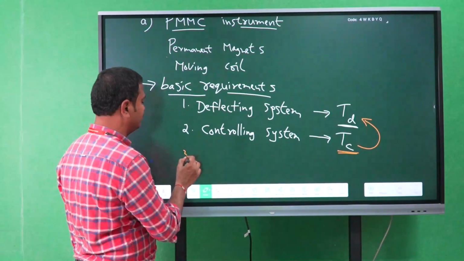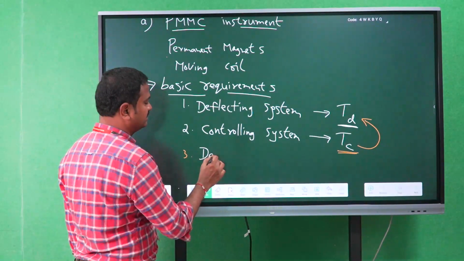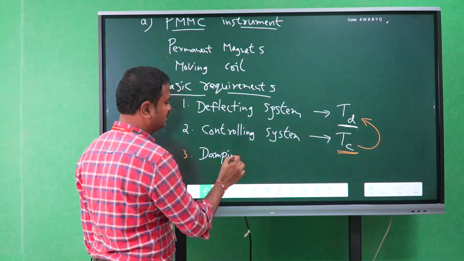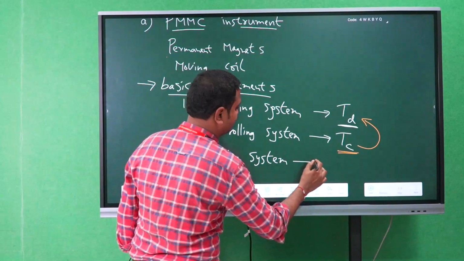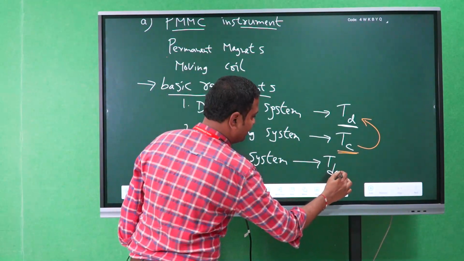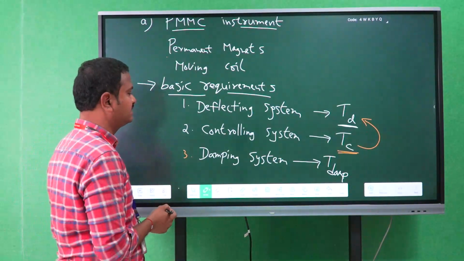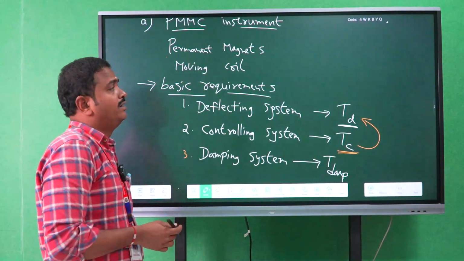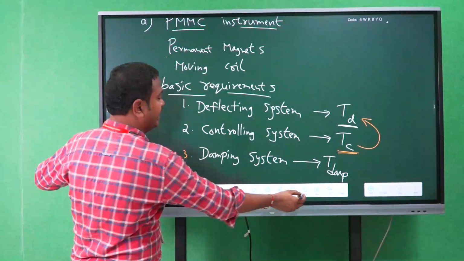And the third one, the damping system. It produces a damping torque. The damping system is required to stop the oscillations made by the pointer at the final position.